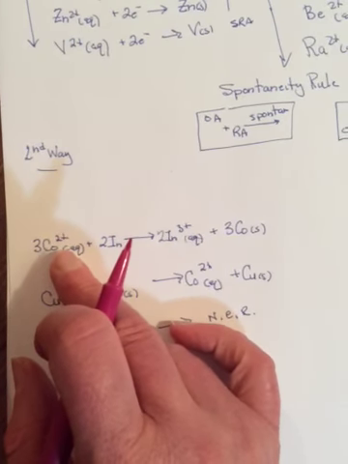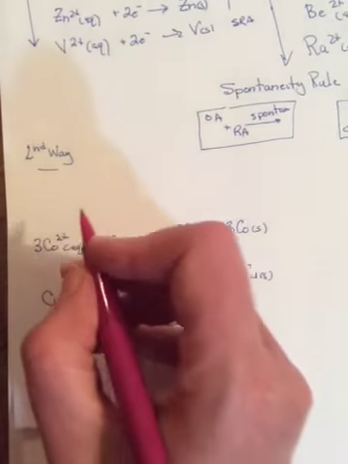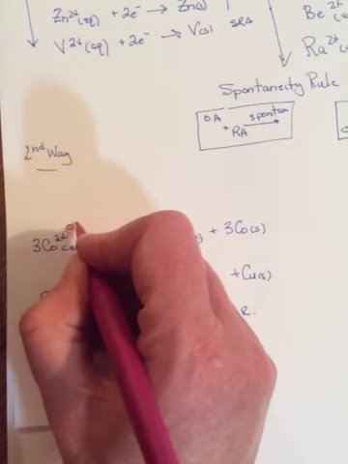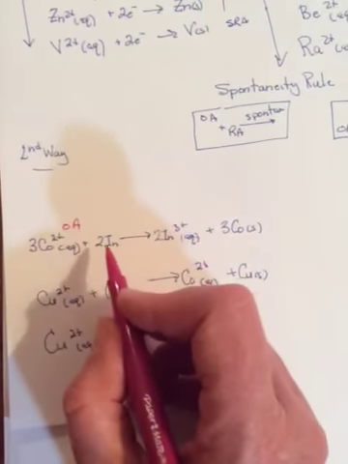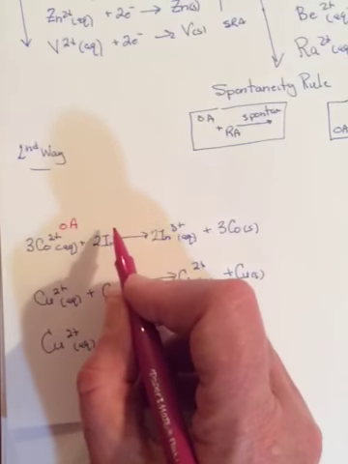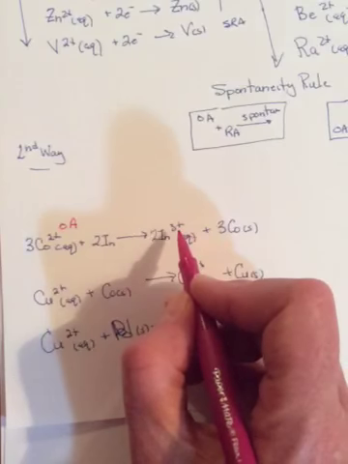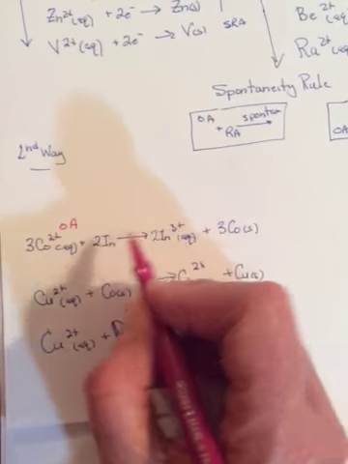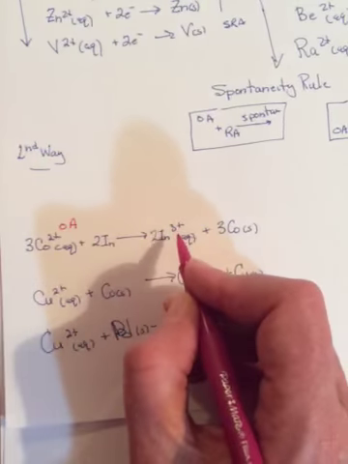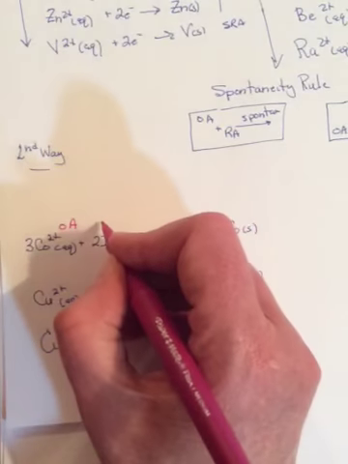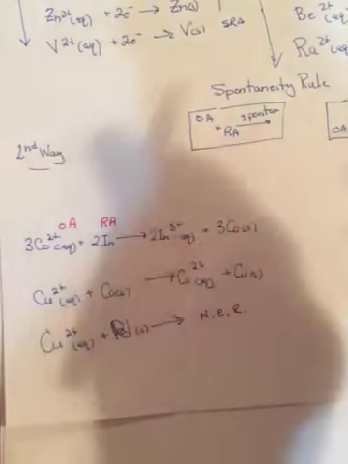If it's gaining electrons, it's reduction. And if it's being reduced, it means it's the oxidizing agent. Whereas the In is 0 going to 3 positive, which means it's losing electrons. And if it's losing electrons, it's oxidation. And if it's being oxidized, it's a reducing agent.